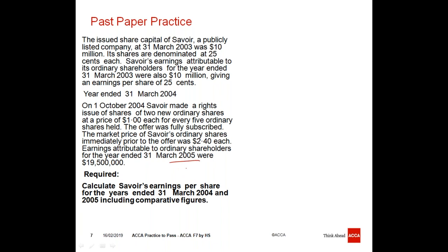The year end of the company is 31st March 20x5, so the start will be 1st April 20x4, and assuming at the start of the year we have 40 million shares.